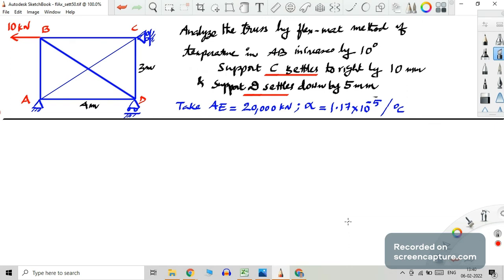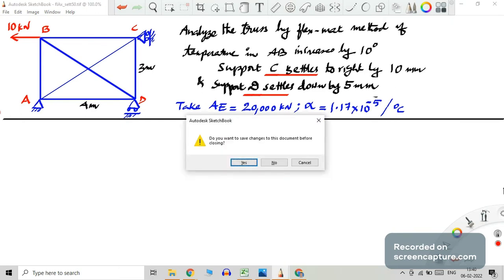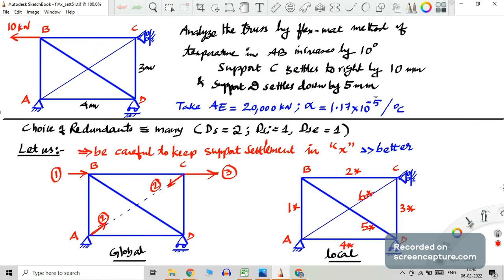In order to solve this, I'll be using the same global and local coordinates. As you can see, the same thing, nothing new. In the previous problem, we have coordinate 1 for representing the 10 kilonewton, that is capital R. Then 2 for representing the redundant member, internal redundancy AC.